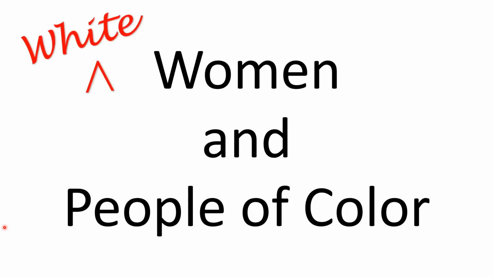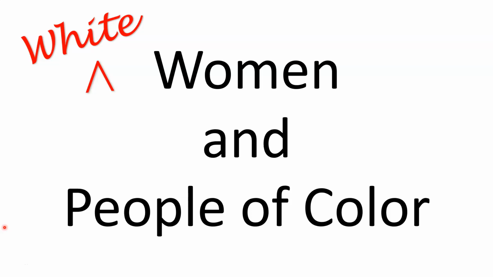Because people of color tells us men and women, right? We say people of color, we mean men and women. So who are these women then? Well, the assumption is that we're talking about white women, right? And it's actually okay to say it's like white women and people of color.